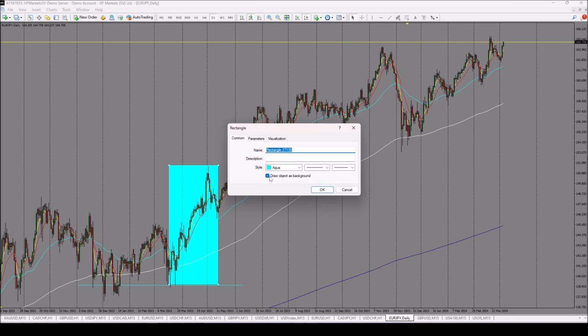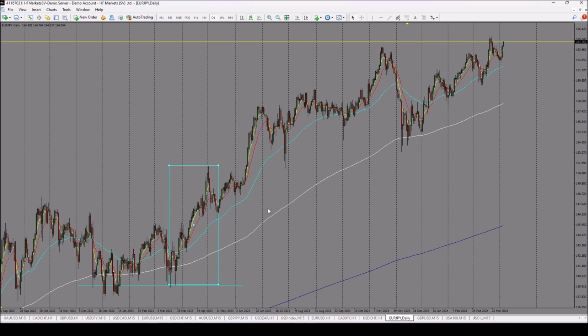So this is going to be my first impulse to the upside. And as you can see from that, we have this reaction as well on the 50 EMA. Then we had another impulse to the upside like that. So why are we talking about all this stuff? I want to show you the significance of the impulses.